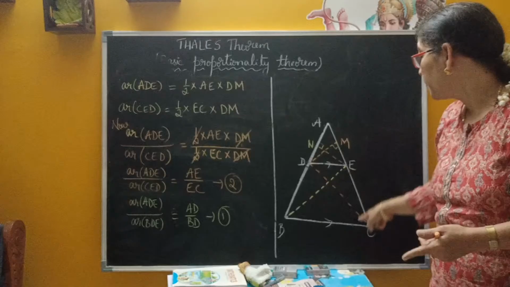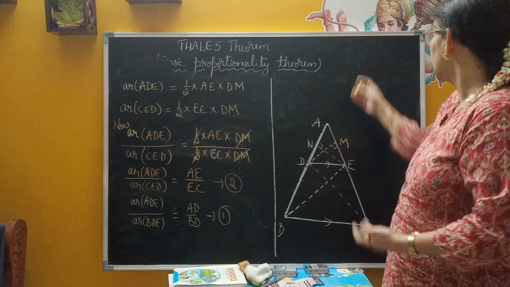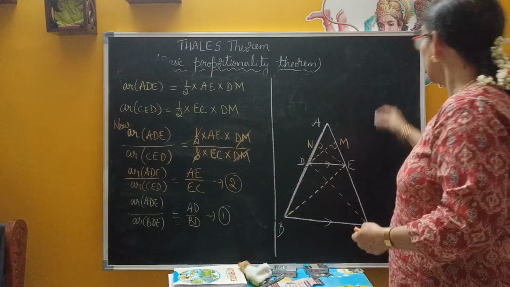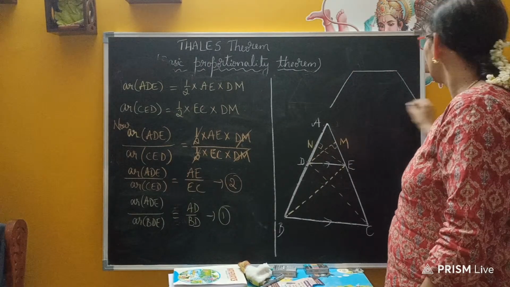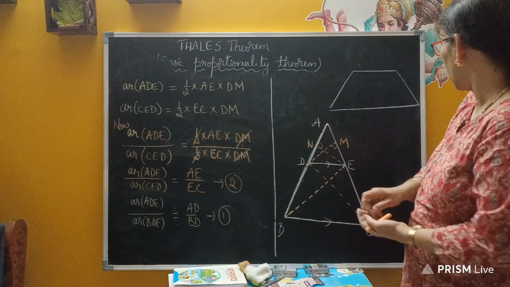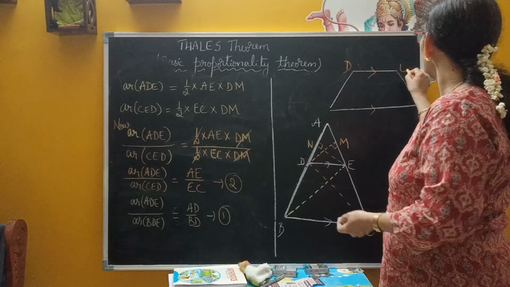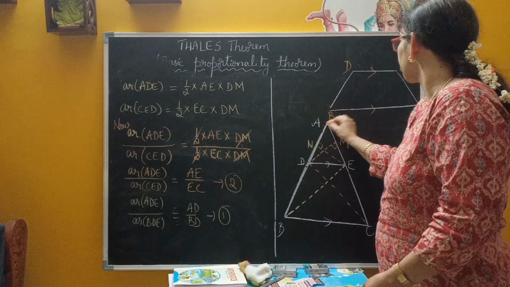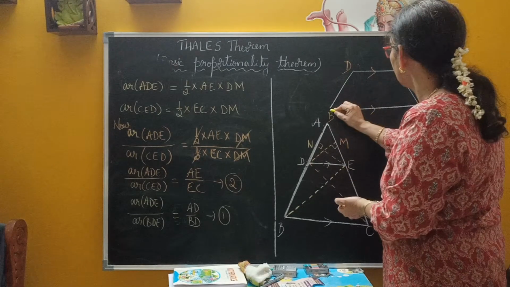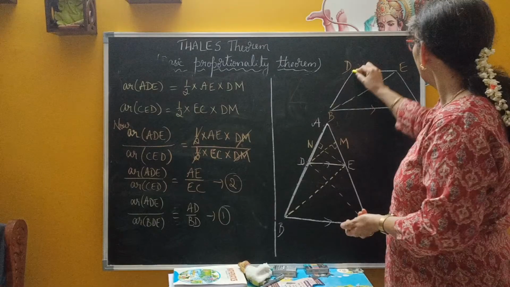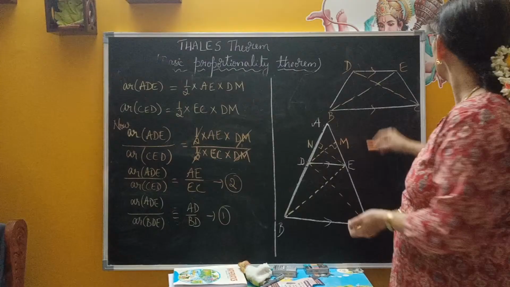Now see this part of the triangle, that is DE and BC. So I'll just draw and show you now. This is DE, and this is the second half of the triangle. Here these two are parallel sides, DE and BC. See the triangles we got. This is one triangle, BDE, and which is the other triangle? It is DEC.